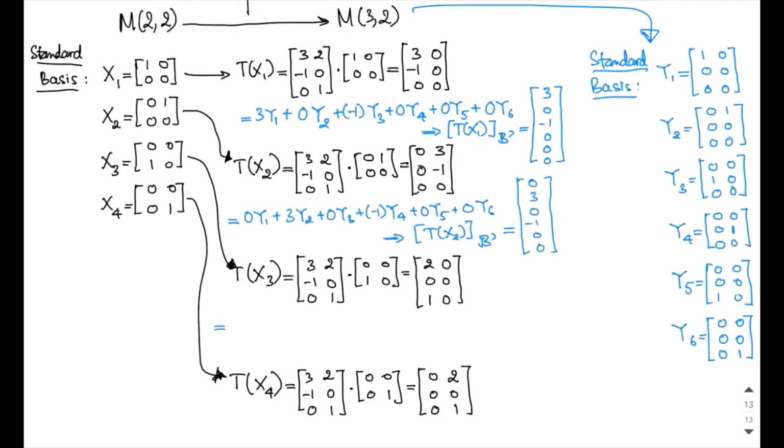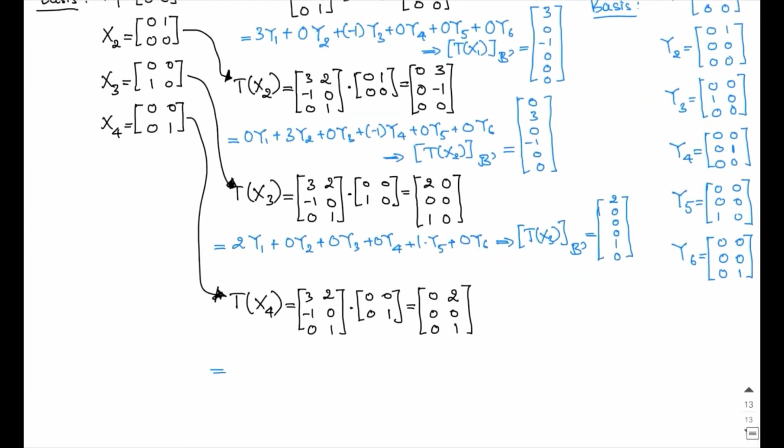Similarly, T of x3 is going to be 2 times y1 plus 0 times y2 plus 0 times y3 plus 0 times y4 plus 1 times y5 plus 0 times y6. And so the coordinate of T of x3 with respect to B prime is going to be 2, 0, 0, 0, 1, and 0.